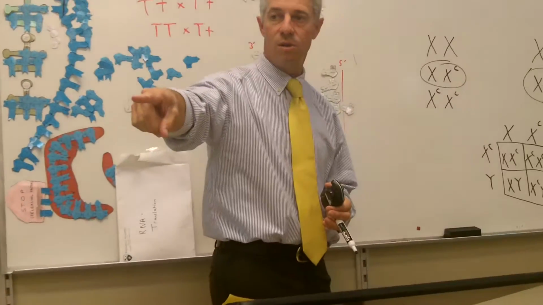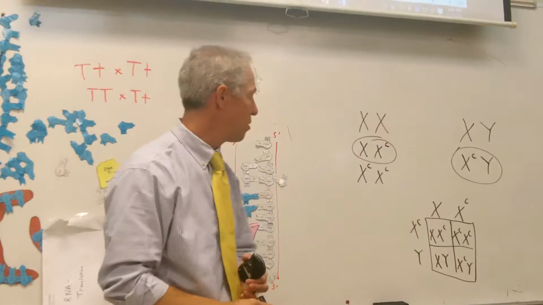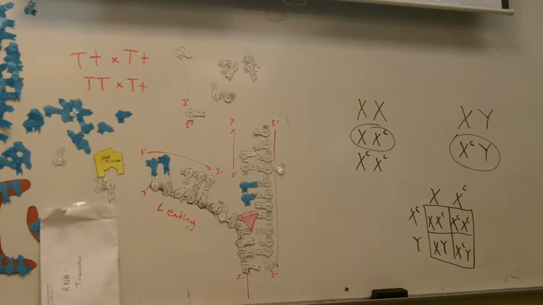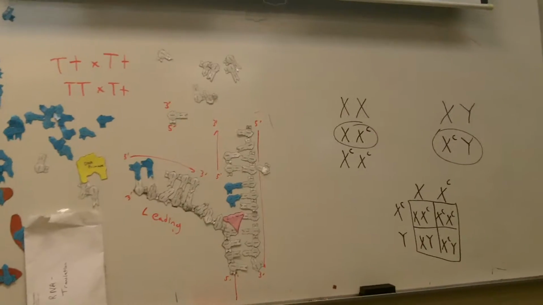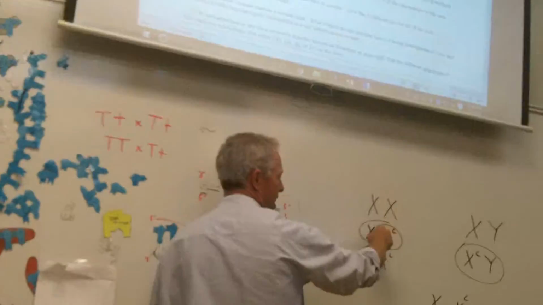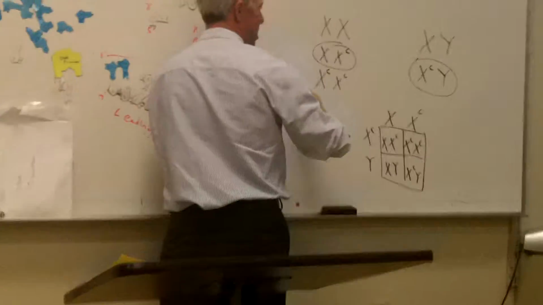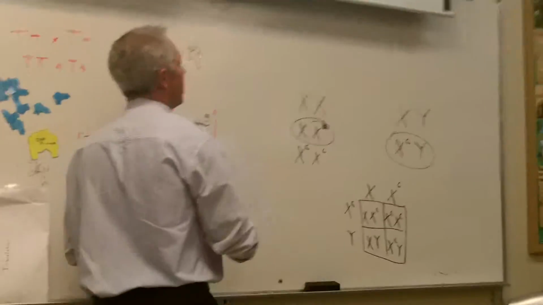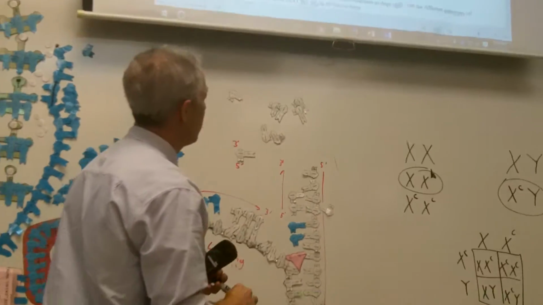Are you confused? No. So, let's look at number 9. This is another sex link. A woman carrier for hemophilia. What is she? XX, little x. She's a carrier. Instead of C, it's H. She's a carrier for hemophilia. And who does she marry?